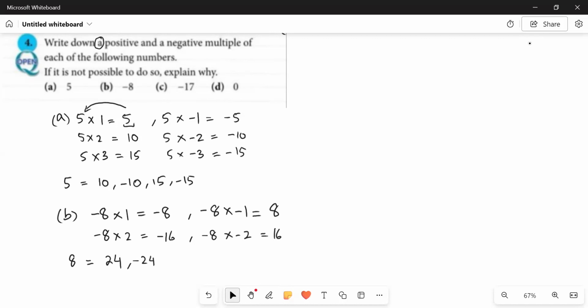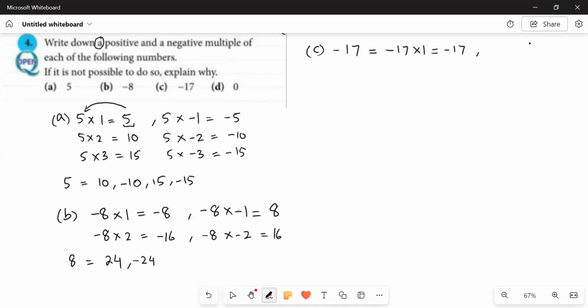Okay, students. Next we have minus 17. Minus 17 is a prime number, but prime numbers have a lot of multiples. In fact, every number has an infinite number of multiples. So if I multiply minus 17 by 1, I'll get minus 17.